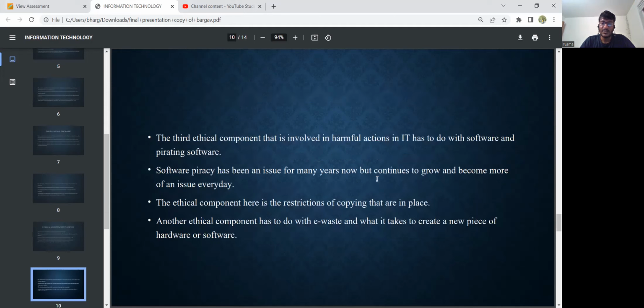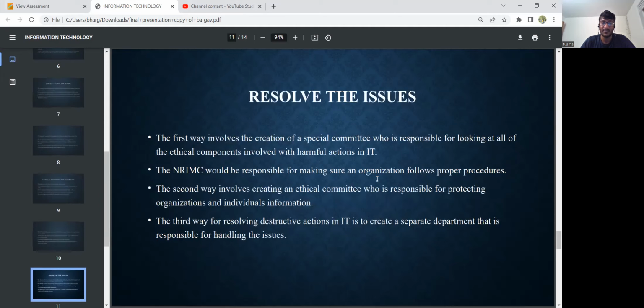The third ethical component involved in harmful actions in IT has to do with pirating software. Software piracy has been an issue for many years but continues to grow and become more of an issue every day. The ethical component here is the restrictions on copying that are in place. Another ethical component has to do with e-waste and what it takes to create a new piece of hardware or software.